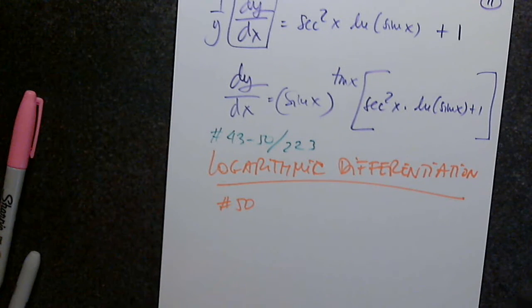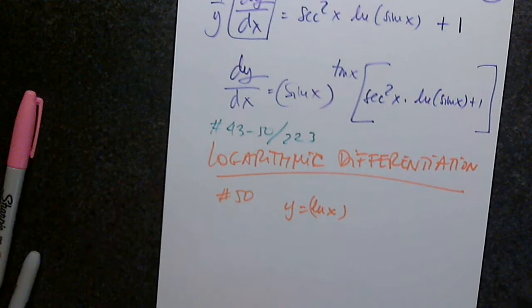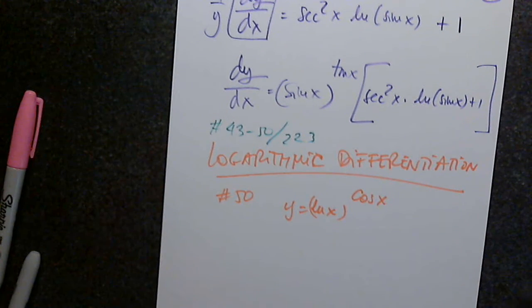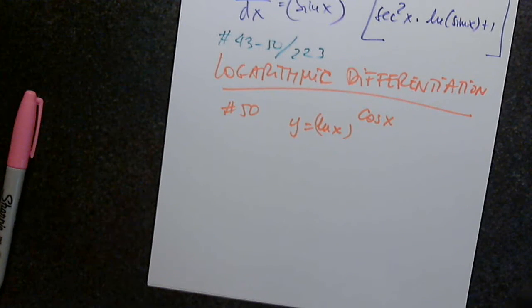So in 50 we have y equals natural log x raised to cosine x. So let's do it step by step. I'm waiting for you to tell me what to do. What is the first step?